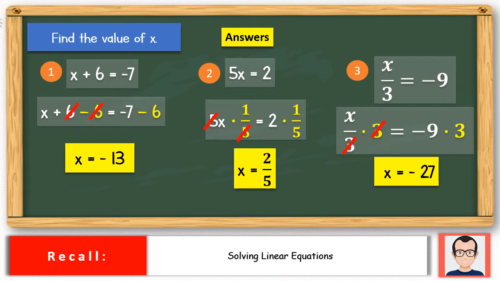Third step, if applicable, use the multiplication or division properties of equality to make the coefficient of the variable term equal to 1. And lastly, for verification, check your answer by substituting your solution into the original equation.